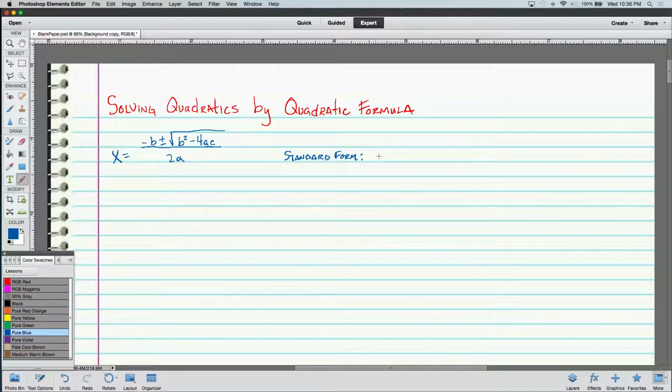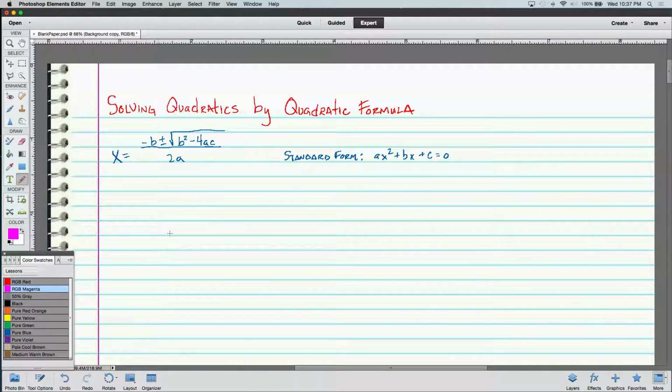So standard form is ax squared plus bx plus c equals 0. This is what we want to start every problem with. Our problem has to start in standard form in order to use the quadratic formula.